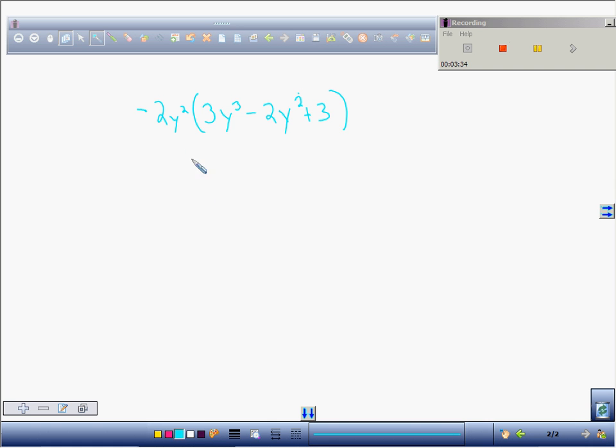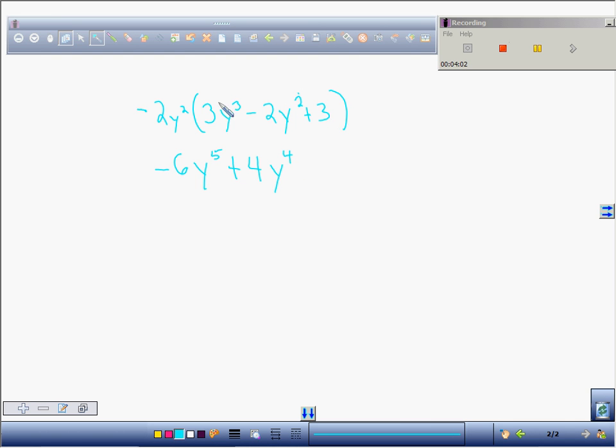Okay? So what's 2 times 3? Negative 6. What's y squared times y cubed? What do I do with these exponents? Fifth, you add those exponents. Okay? Now you go to the next term. What's negative 2 times negative 2? Positive 4. And then y squared times y squared, y to the 4.